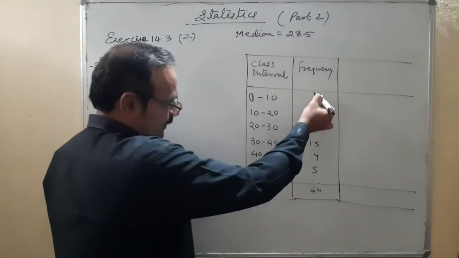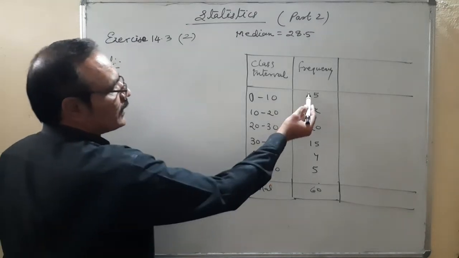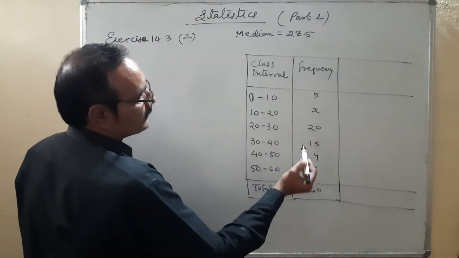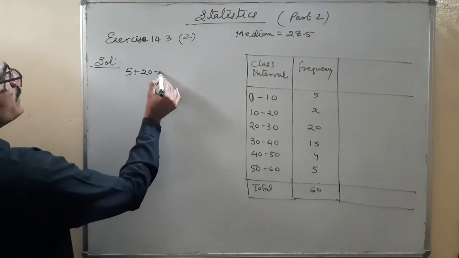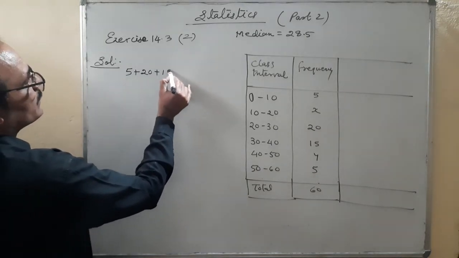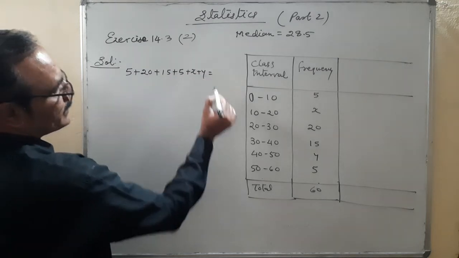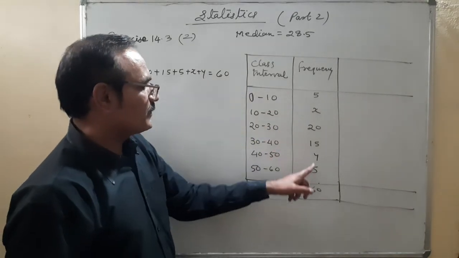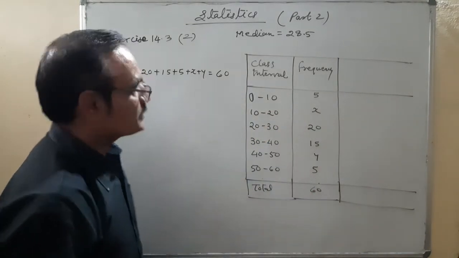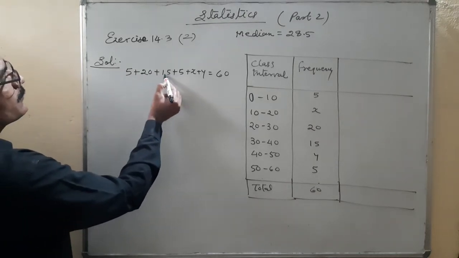Number 1. Because the sum of all these terms is equal to 60, that means 5 plus x plus 20 plus 15 plus y plus 5 is equal to 60. 5 plus 20 is 25, 25 plus 15 is 40, plus 5 is 45.